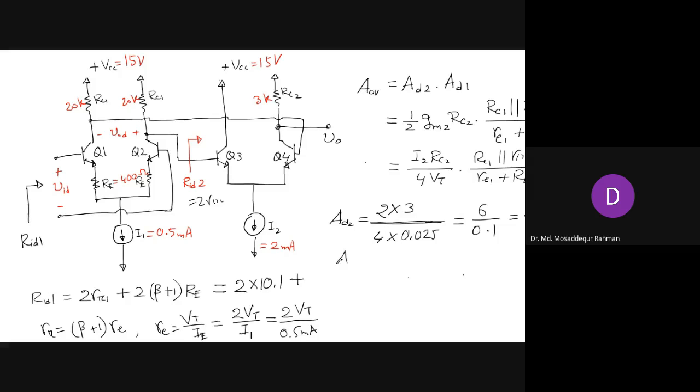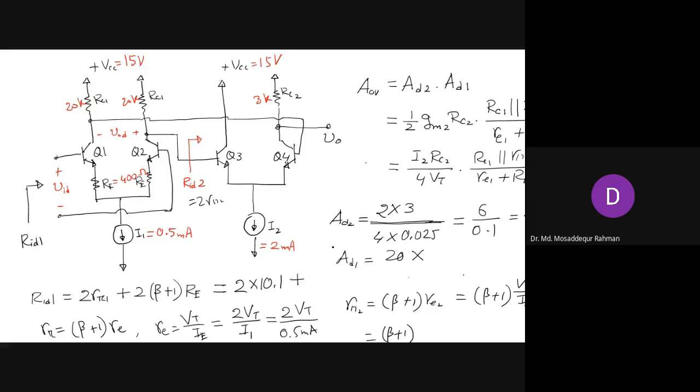And the gain for the first stage, AD1, will be, we have RC1 is 20K. So 20 times R pi 2. Now, how much is R pi 2? Again, you can write beta plus 1 RE2, and beta plus 1 RE is Vt by IE2.